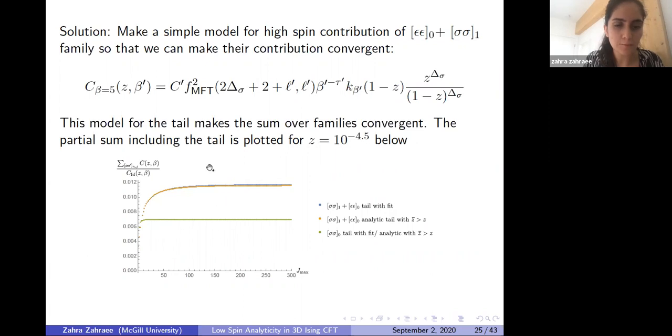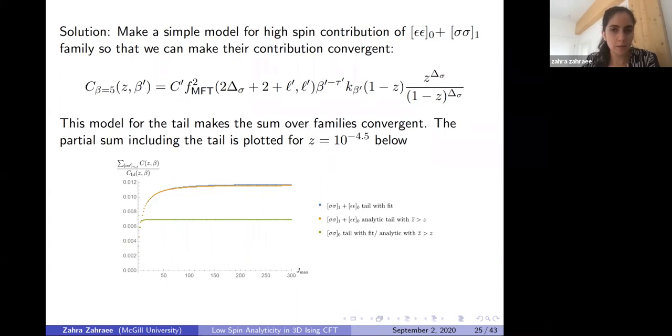But once you go to spin 100 and 150, the convergence is pretty good. For sigma sigma 0, we already saw the convergence at spin below 40, so that's fine. So once we include the higher spin operators, we can go to z as small as 10 to the minus 4.5. But then again, if you want to go to smaller z, then higher twist families would become important, and you have an obstruction from there.